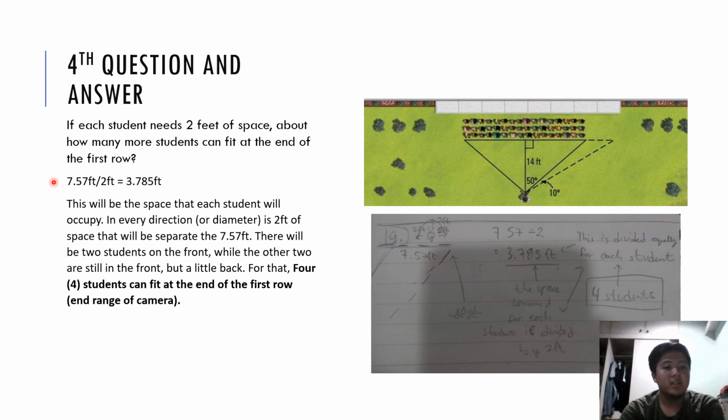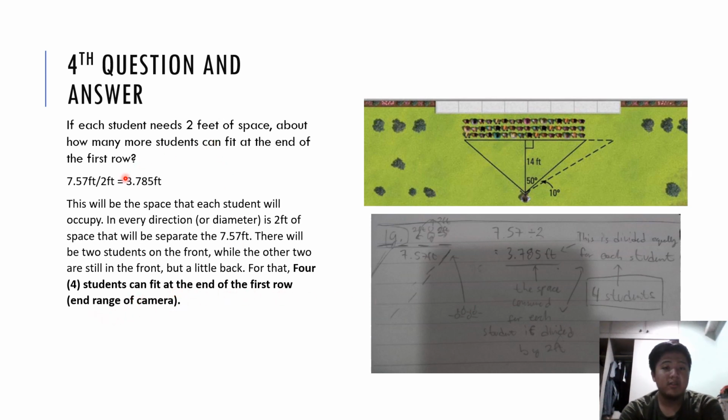In every direction or diameter there is 2 feet of space that will separate the 7.57 feet. There will be two students in the front, as displayed here, while the other two are still in the front but a little back. For that, four students can fit at the end of the first row.